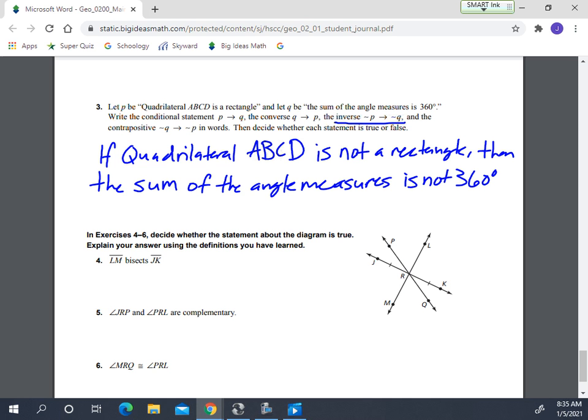If quadrilateral ABCD is not a rectangle, then the sum of the angle measures is not 360 degrees. That's false. Tell me why that's false in your head. Okay, it's false because quadrilateral ABCD, it's saying it's not a rectangle. But the angle measures of any quadrilateral is 360 degrees, right? So this is false.